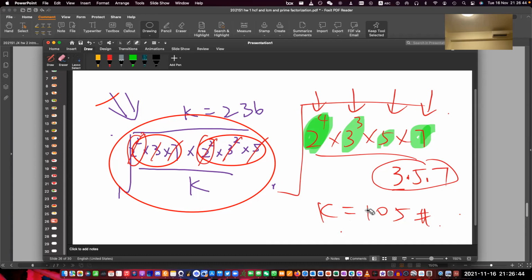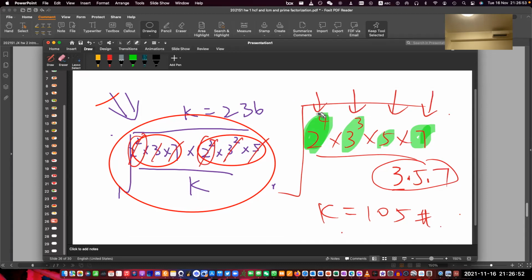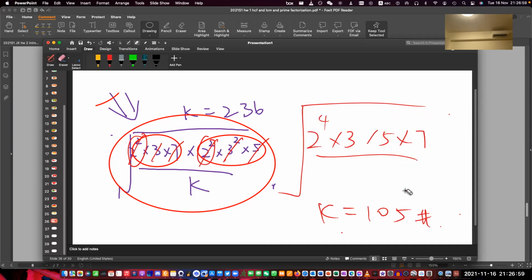So what if this question changed to, instead of square root, it changed to cube root? How the answer will change? So cube root. Very simple. Do for each. Can you cube root this?